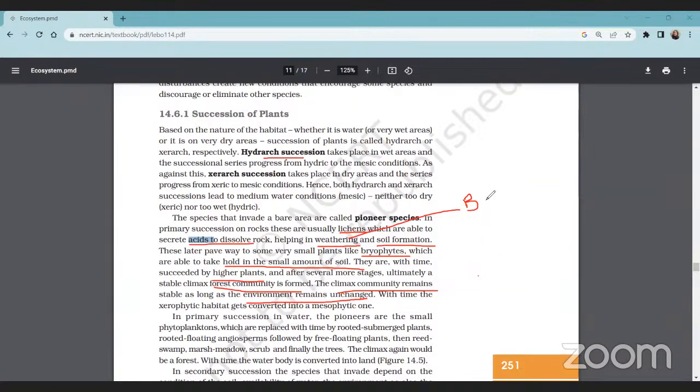With time, xerophytic habitats, which need little water, get converted into mesophytic ones.